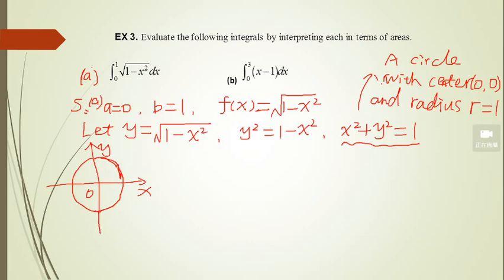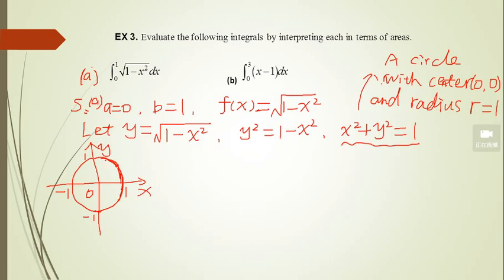Okay, almost perfect, I guess. So this is minus 1, this is 1, this is 1, minus 1, this is 1. Okay, I'm satisfied with the circle I drew here. So this is a circle with the center 0, 0 and the radius 1.